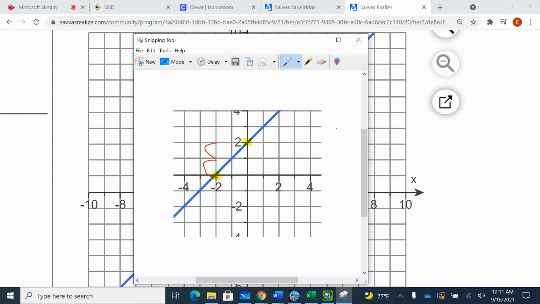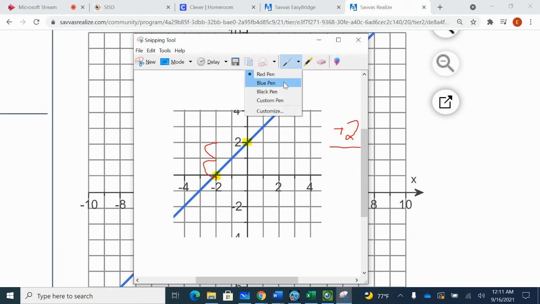So my rise was a positive. Again, I apologize. I'm doing this with the pencil and my mouse. How do I undo that? Yikes. You know what? Okay. Let's just leave it at that here. Let's erase this. There we go.